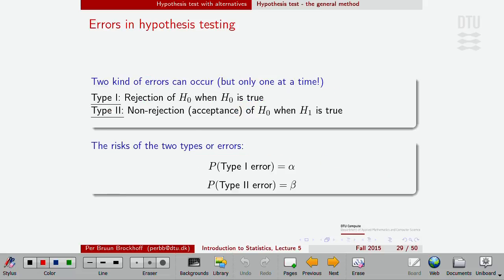We give a name to those two risks of making those errors. We call them alpha and beta, funny enough. Again, global names, not just my names. And the alpha is the one we know, actually. That's the one we control. We control the probability of rejecting something we shouldn't have. That's the alpha level.